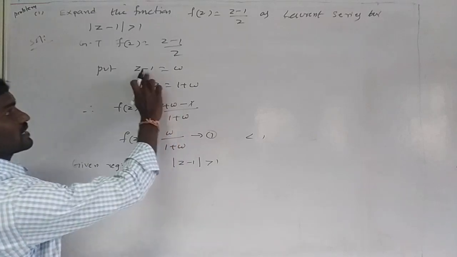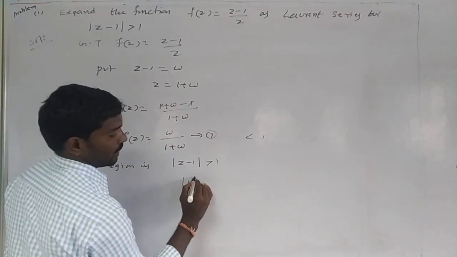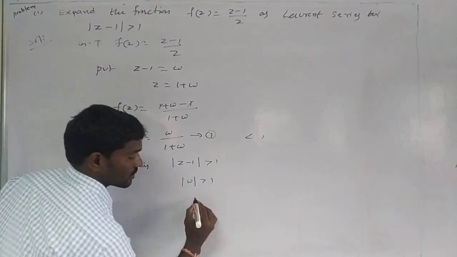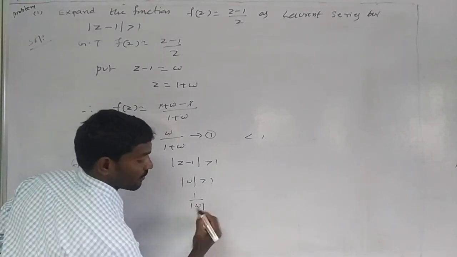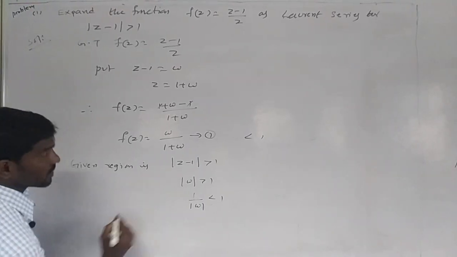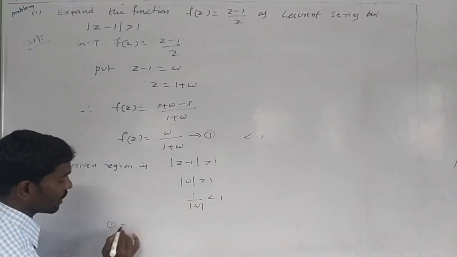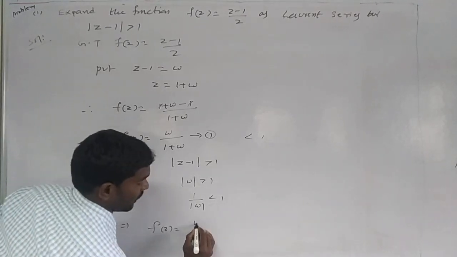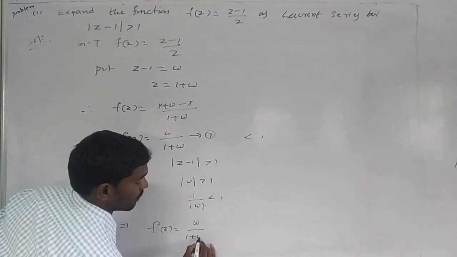Since we know that z minus 1 equals w, the reciprocal of this value is 1 by modulus of w less than 1. That means, therefore, equation 1 becomes f of z equals w divided by 1 plus w.